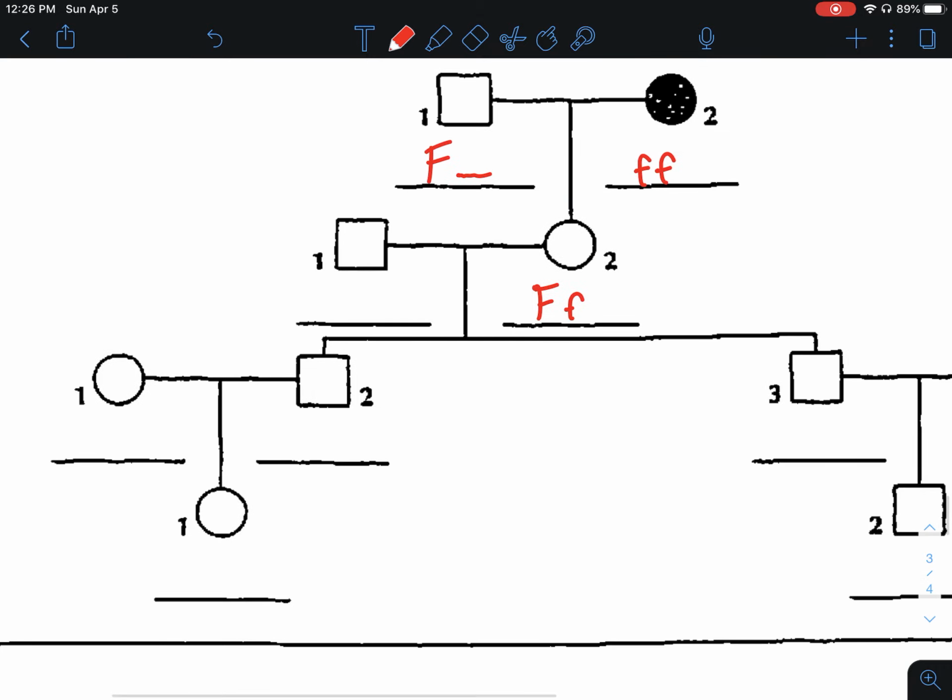All right, now over here, again, their offspring for this cross, you have a capital F, capital F, capital F. We don't know if this person's a heterozygote or if this person's a heterozygote or if this person's a heterozygote. So that means that we aren't really able to figure those out.